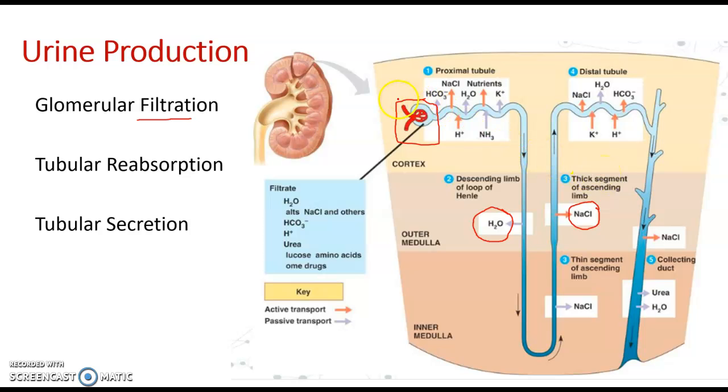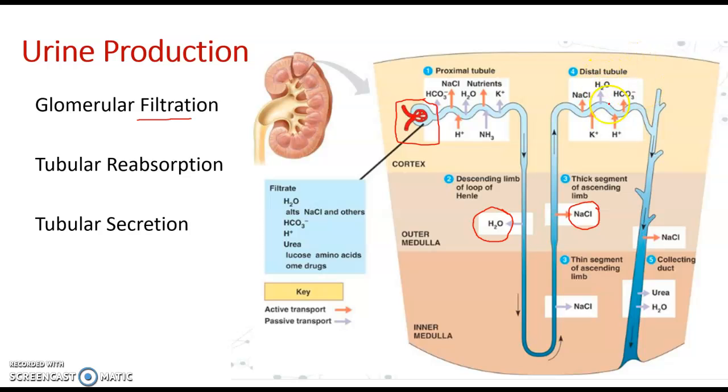Anything that didn't get initially filtered from that process of glomerular filtration. So reabsorption is when our bloodstream is taking it back from the filtrate inside the tubule, inside the nephron. And tubular secretion is when it's being added to the filtrate, or added into the loop, during this process of urine formation as the filtrate is moving through the nephron.